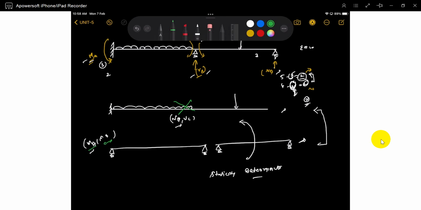If you release MA, you will get a hinge, and MB also. Understood? If you release those two, you will get it like this. Okay, that's it.